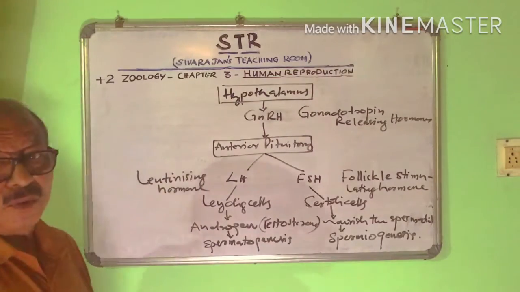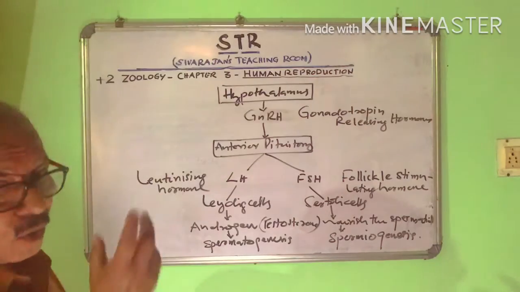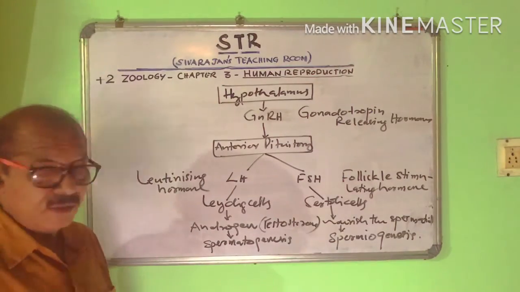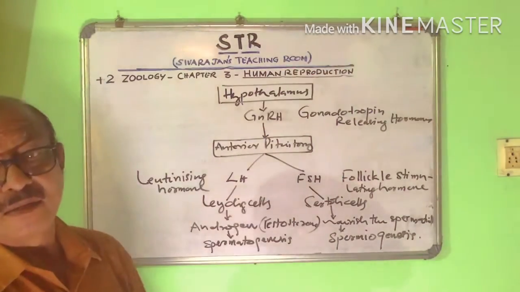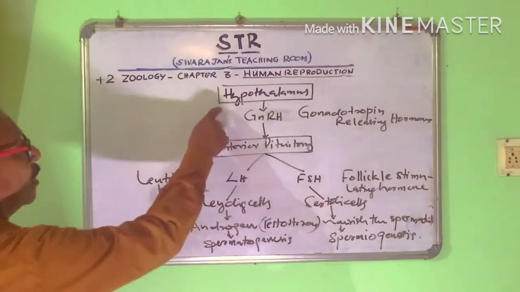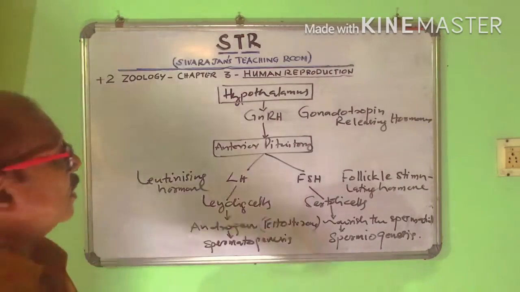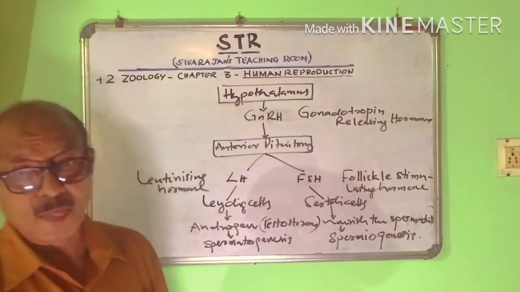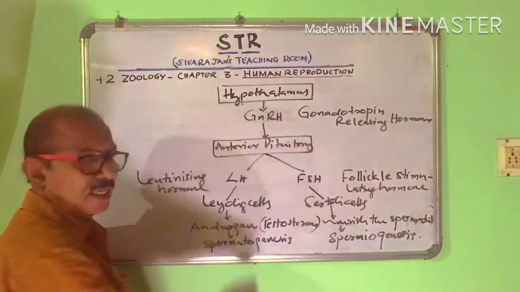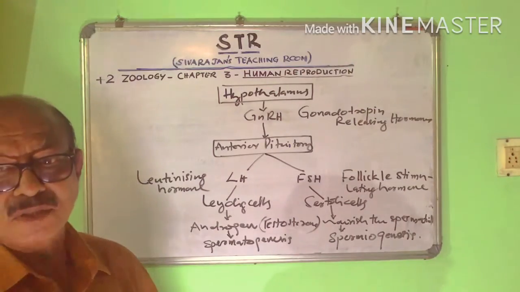Now we are going to see how the hormones are controlling or influencing the male reproductive system. The hypothalamus produces GnRH, the gonadotropin releasing hormone.